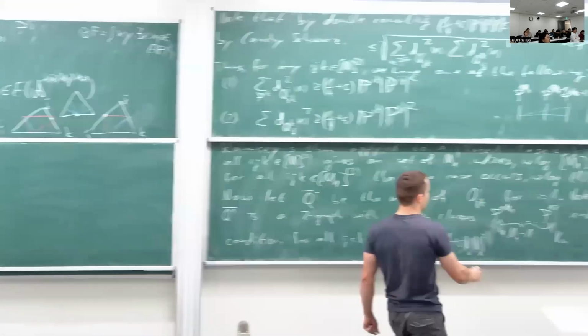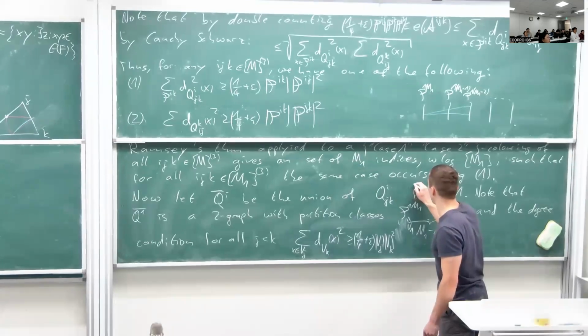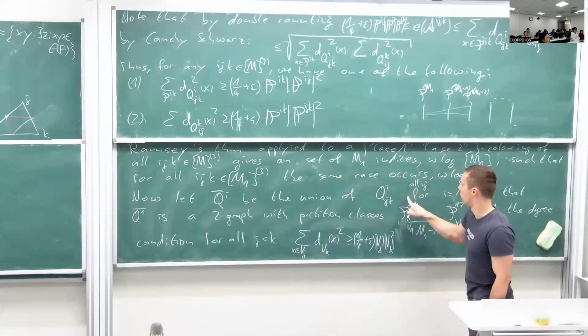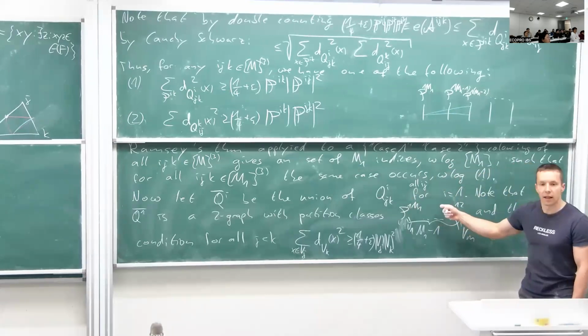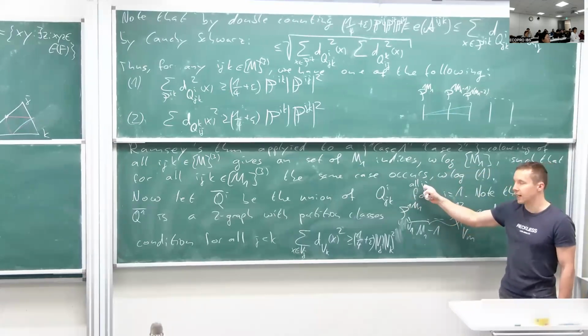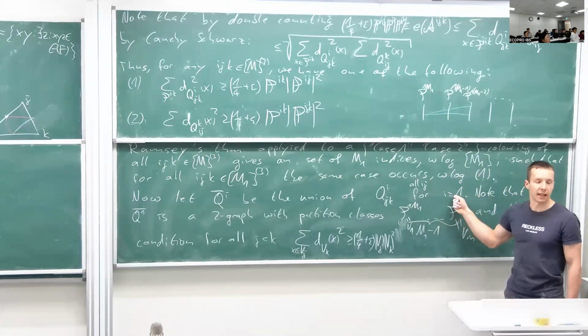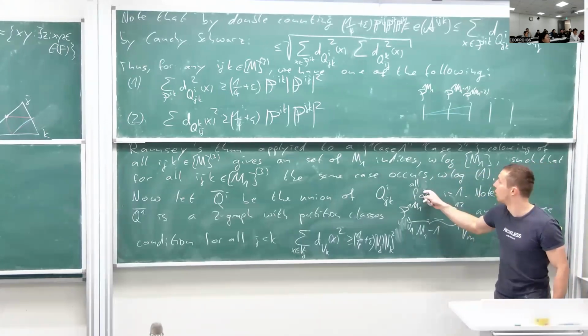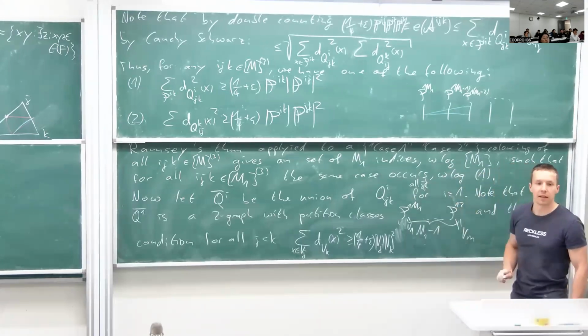No. And yeah, so this is for all ij, right? The union of all these, and no, for all ij. And then I'm saying that actually we just want to take I equals 1, for all JK. Yes, it's true.